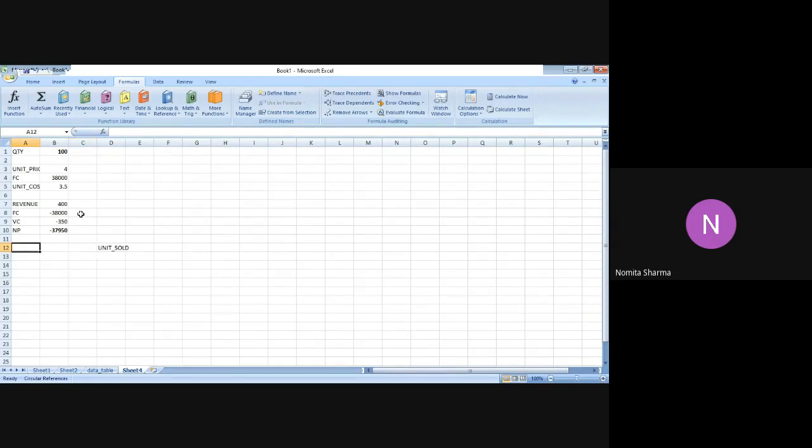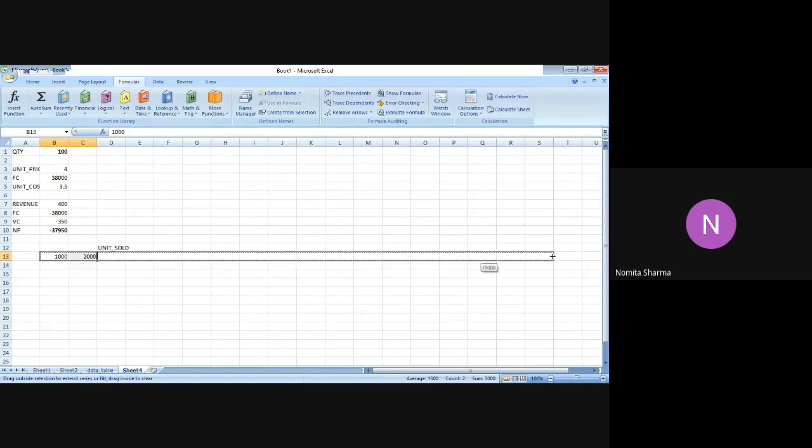So let me just write over here units sold. Let's start with 100, it is very less, I believe. So let me just say 1000 and 2000, and I want to have the same increase in my matrix.